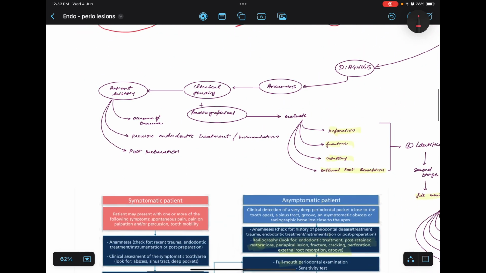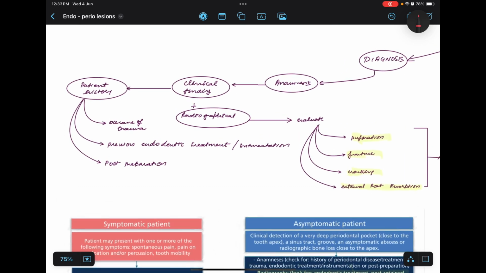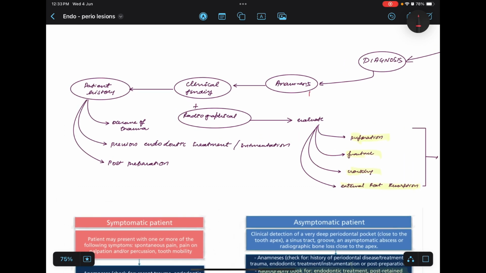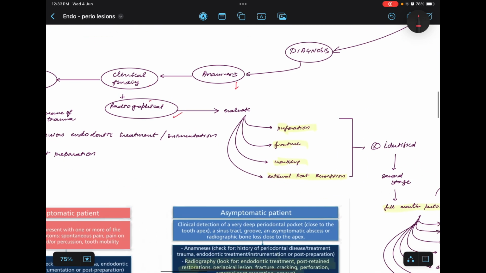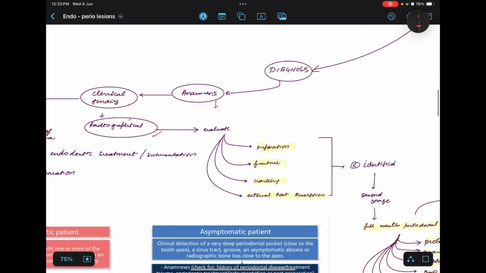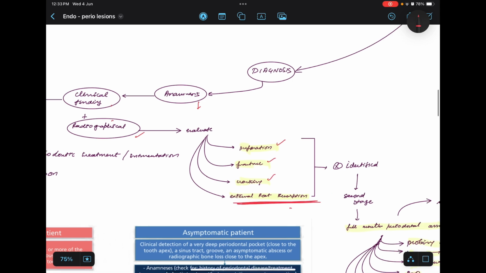Now coming to the diagnosis part, this is very important. Pay attention. First of all, anamnesis: you ask the patient relevant questions, then the patient answers. After that, you go for clinical findings. Clinical findings include both clinical and radiographical. Here you will evaluate for perforation, fracture, cracking, or external root resorption. In case they are not identified, then you go for the second stage.